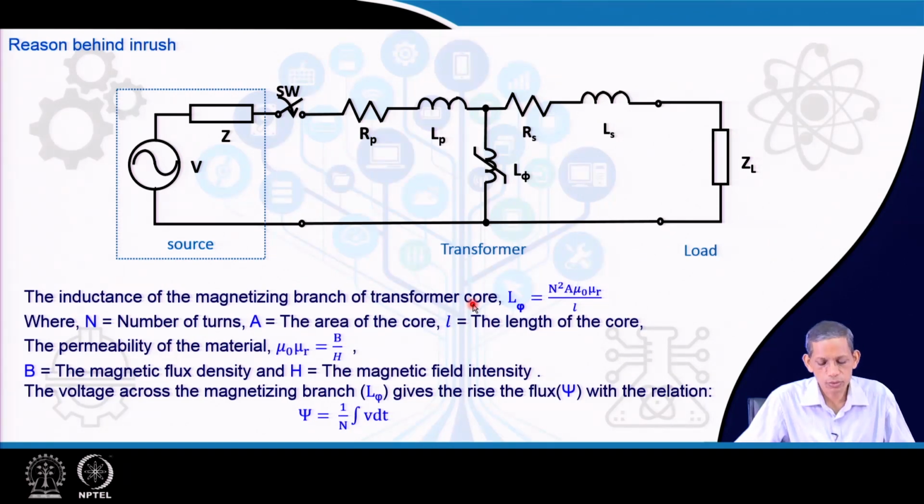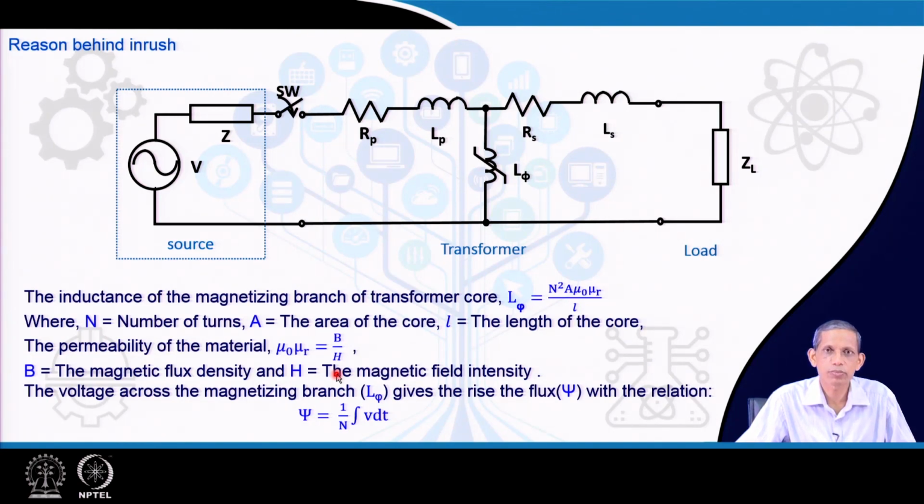Some of the basic equations we know: the inductance is n squared upon the reluctance, and reluctance is related in terms of these parameters as l upon A mu naught mu r, and mu naught mu r is related to B upon H, flux density upon H. The H relates to the magnetizing current, and B relates to the flux. So, H, the magnetic field intensity, and B, the magnetic flux density, are related.